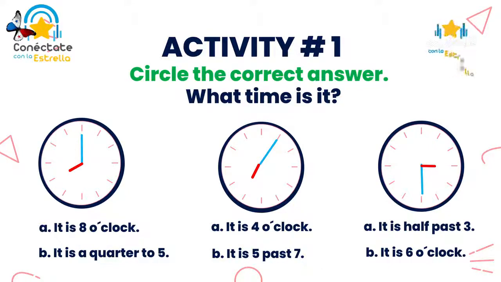Option B is 5 past 7. Yeah, it's letter B. It is 5 past 7. Why? Because the small one is in the 7, but the other one is in number 5. So it's 5 minutes after 7. Good, Teacher Tatiana.